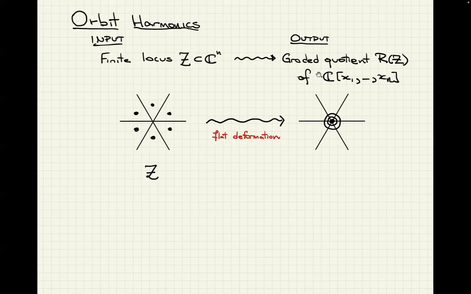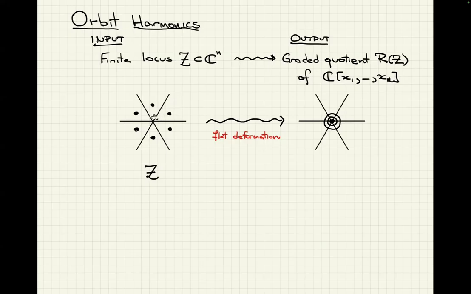So that's the input, and the output is supposed to be a graded quotient, which I'm always going to call R(Z) in this talk, of the polynomial ring. So I start with this ungraded object, this point locus, and I'm supposed to output a certain kind of graded quotient ring.